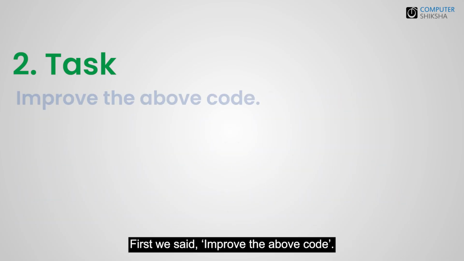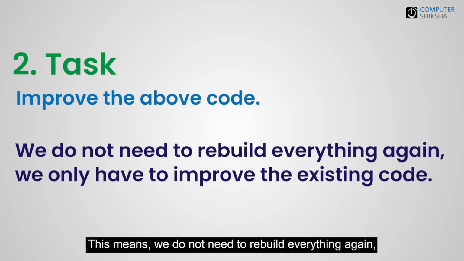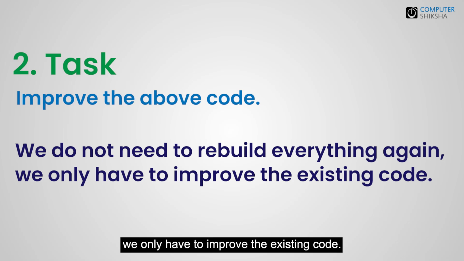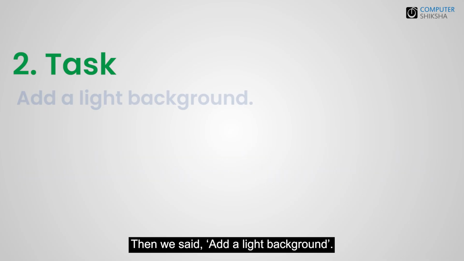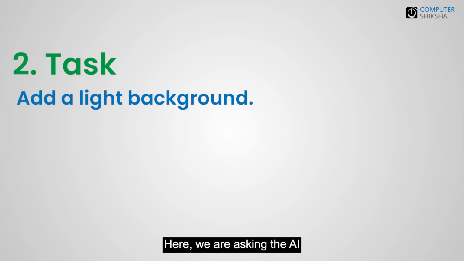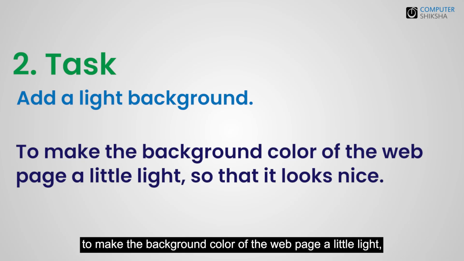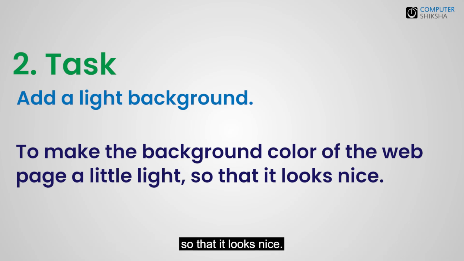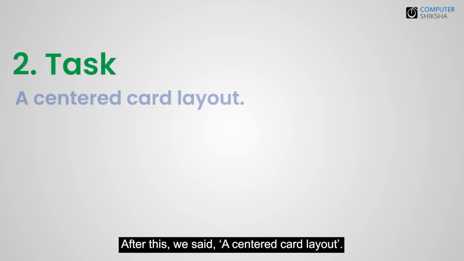First we said, improve the above code. This means we do not need to rebuild everything again. We only have to improve the existing code. Then we said, add a light background. Here we are asking the AI to make the background color of the web page a little light so that it looks nice. After this, we said a centered card layout.